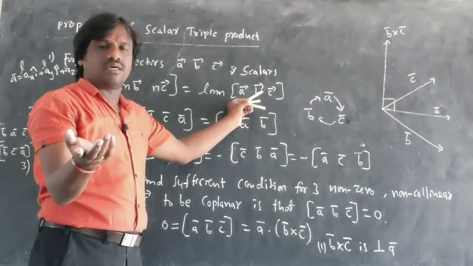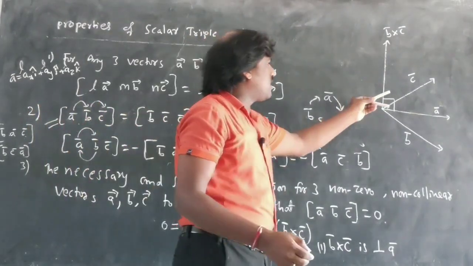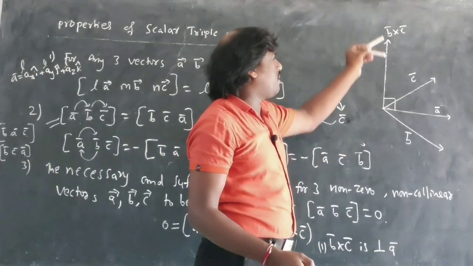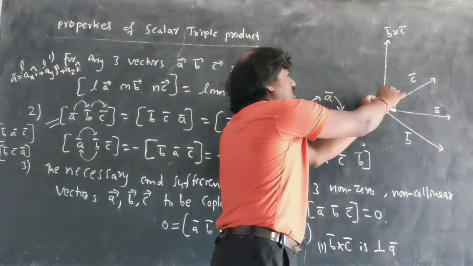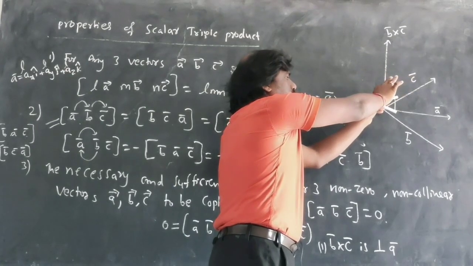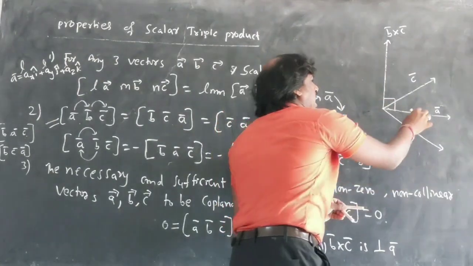They are coplanar vectors. Suppose these two vectors are, this is B vector and this is C vector, then the cross product will be perpendicular to this plane, that comes outside. This is B cross C. And that cross product is the area of this.